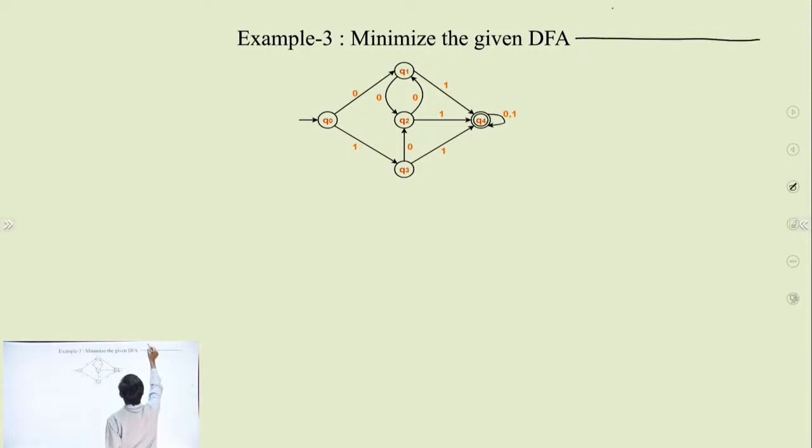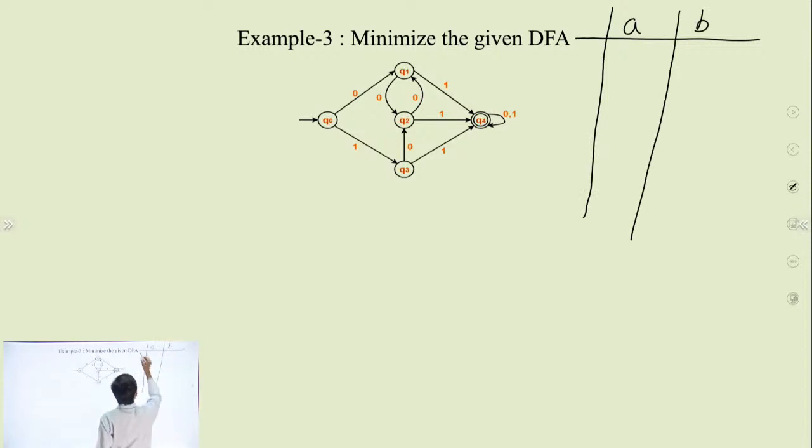So let us construct the transition table on input A and B, and there is one more column, state. There are total 5 states: Q node, Q1, Q2, Q3 and Q4.